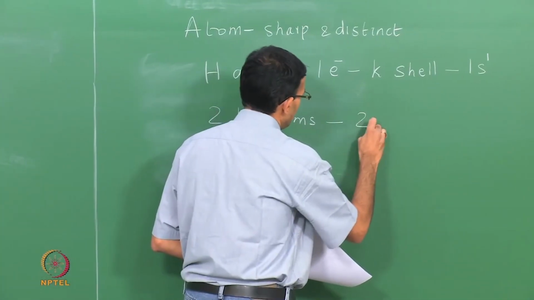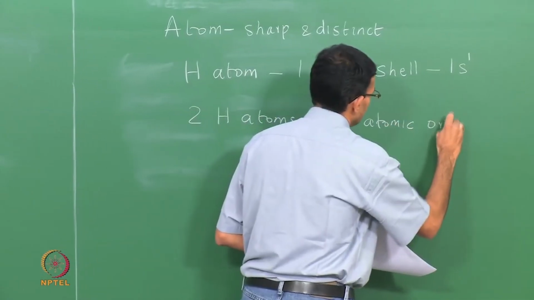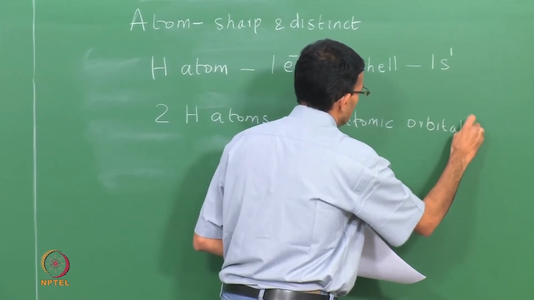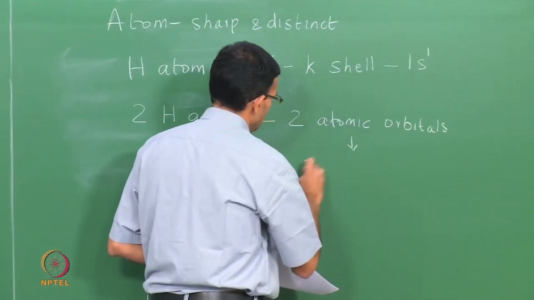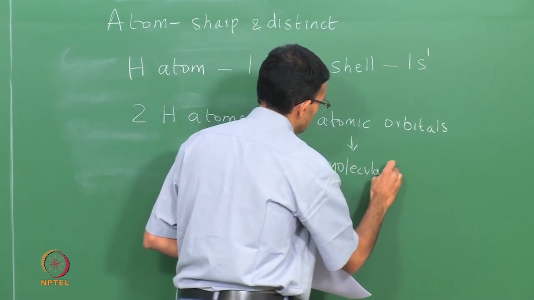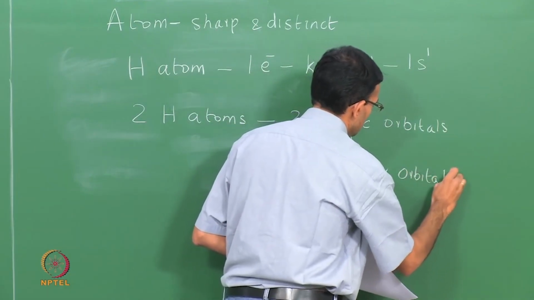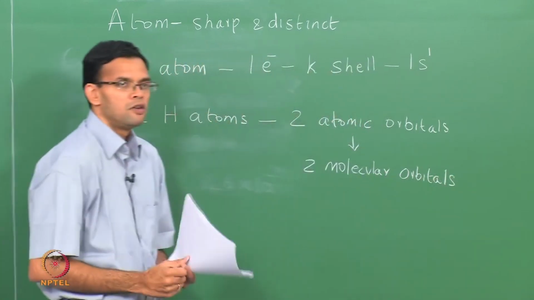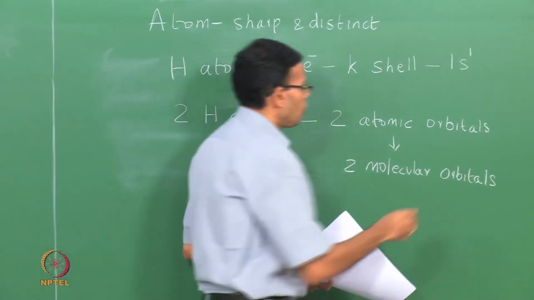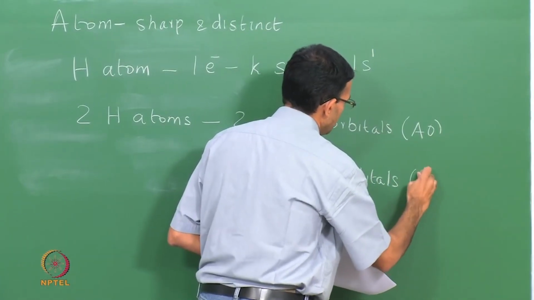So, your 2 hydrogen atoms have 2 atomic orbitals which give you 2 molecular orbitals. For sake of brevity, I will call atomic orbitals as AO and molecular orbitals as MO.